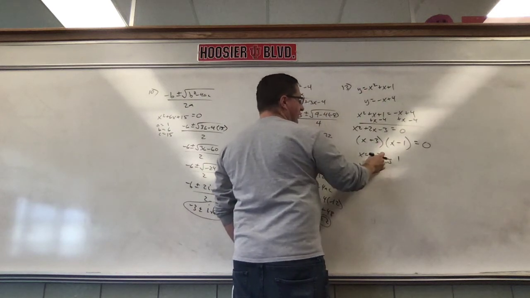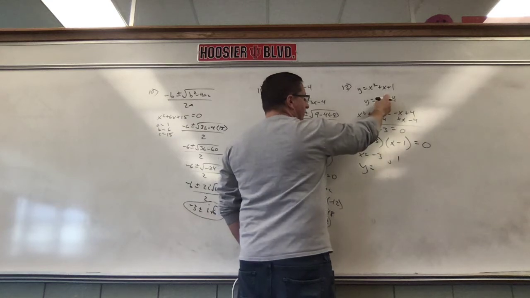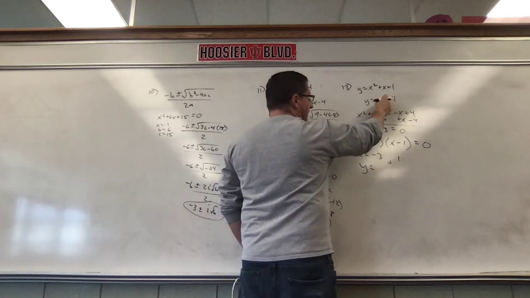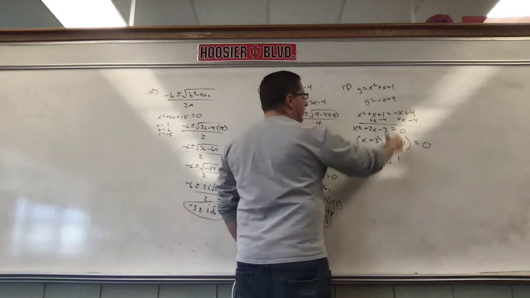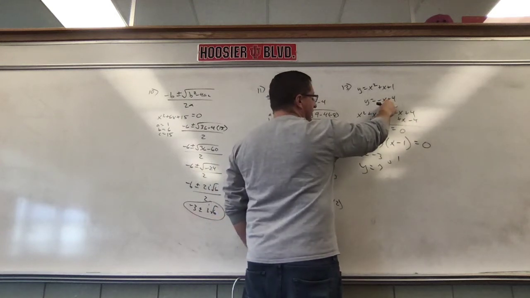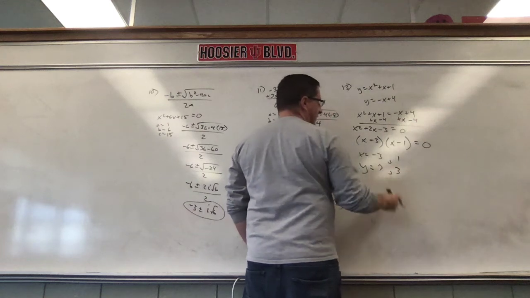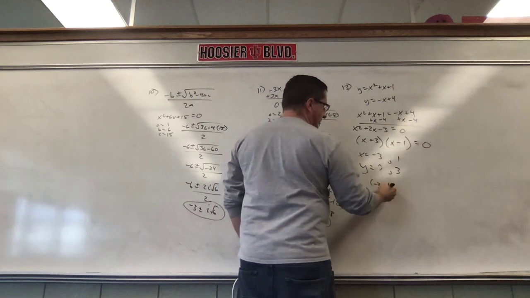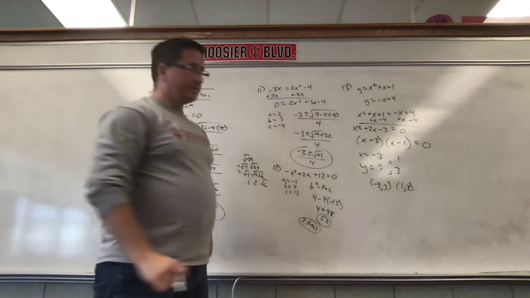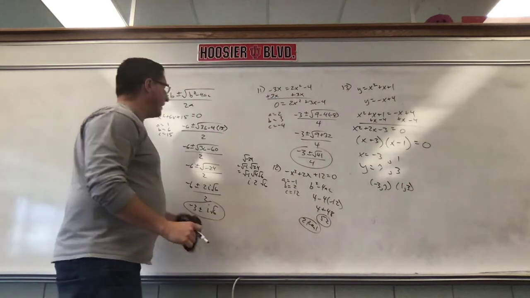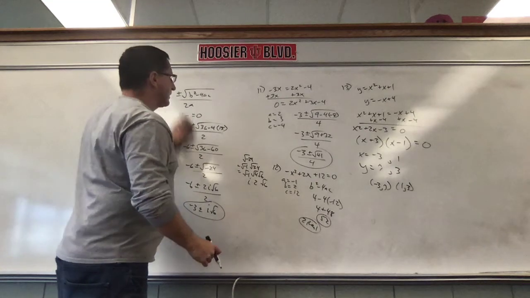If I plug in negative 3 for x, negative times negative 3 is 3 plus 4 is 7. Plug in 1 for x, negative 1 plus 4 is 3. So the answers are negative 3, 7, and 1 comma 3. Don't forget to find x and y. Okay, 3 more to go.